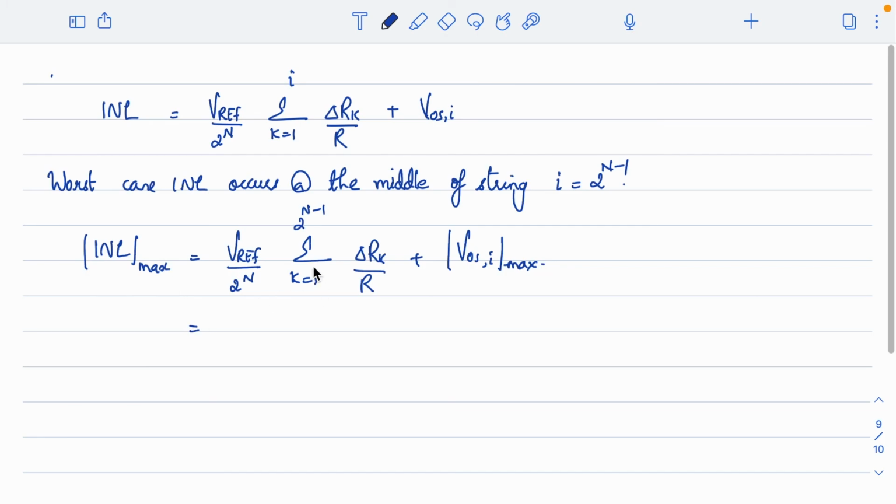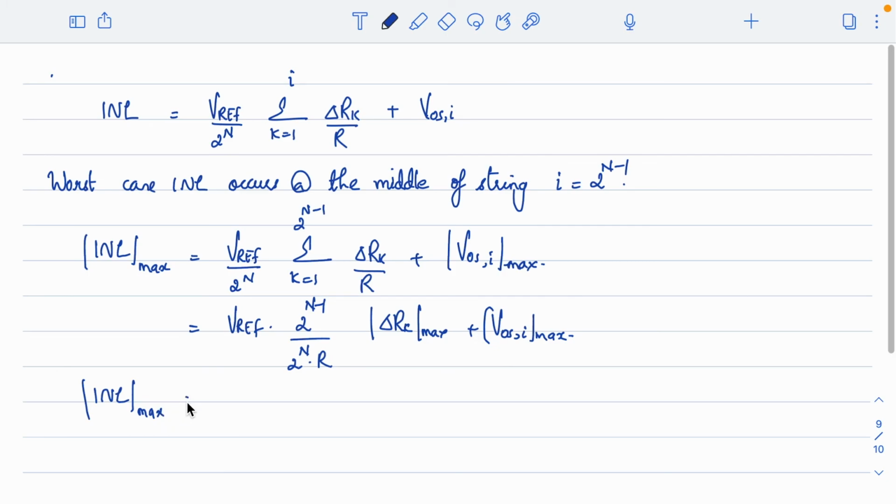This can be further simplified as Vref into 2 to the power of n minus 1 divided by 2 to the power of n into R, and I'll write this delta Rk maximum value here, plus the offset voltage maximum, right? So with this I can write INL max as Vref divided by 2 into delta Rk by R plus V offset maximum. Right.